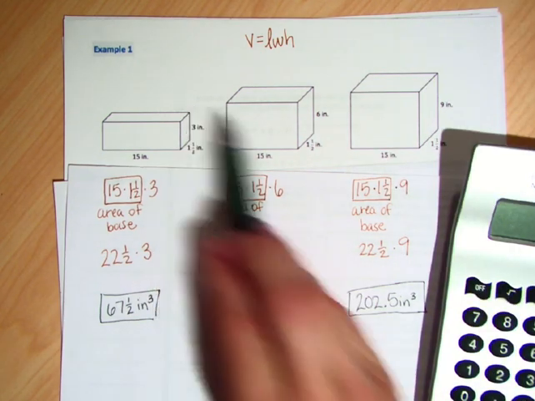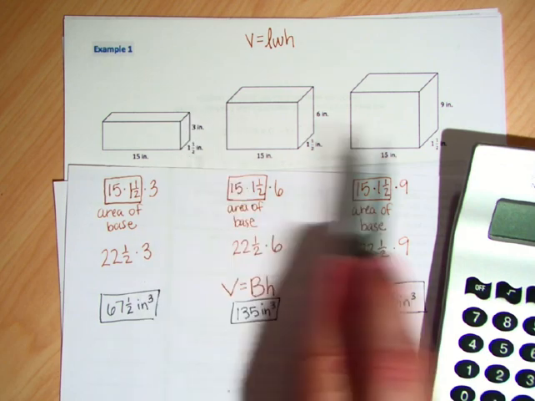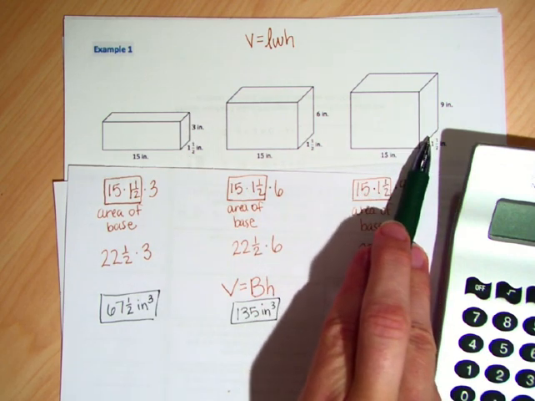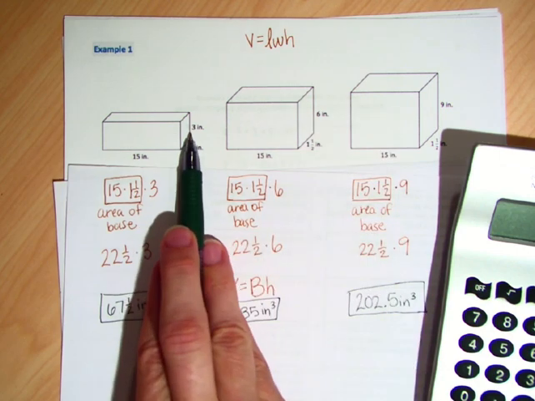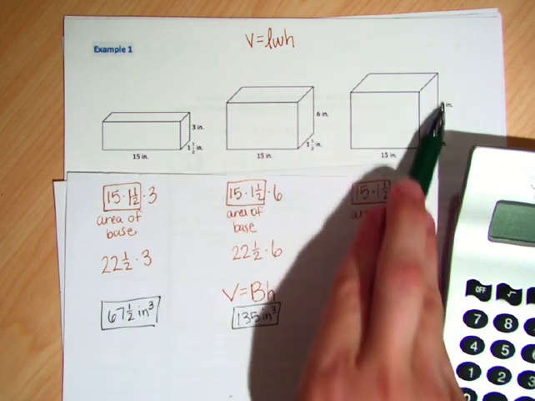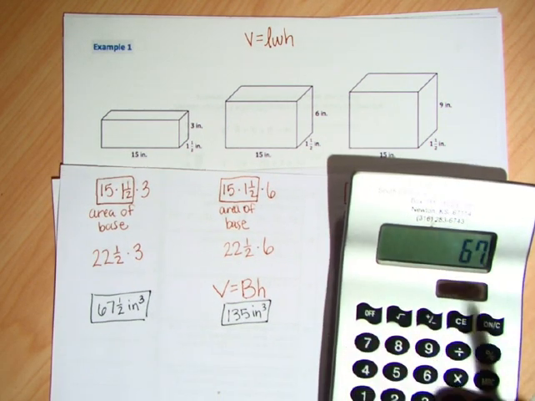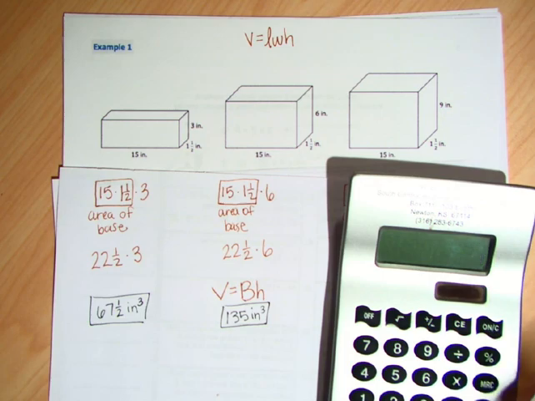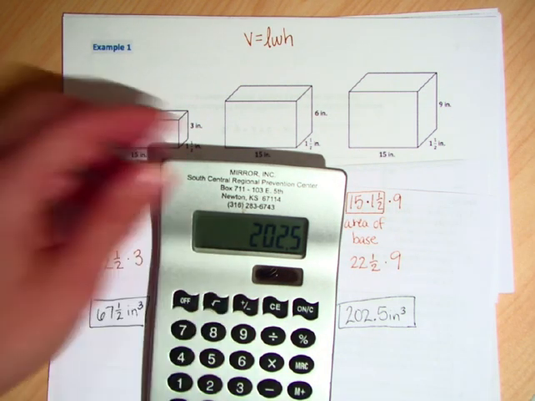See, this one's 3 inches tall and this one's 6. Based on that, if I look at this one, it's 3 inches and this is 9 inches, then this one should be 3 times as big as this one because it's 3 times higher. Let's see. Take 67.5 times 3. And we get 202.5.